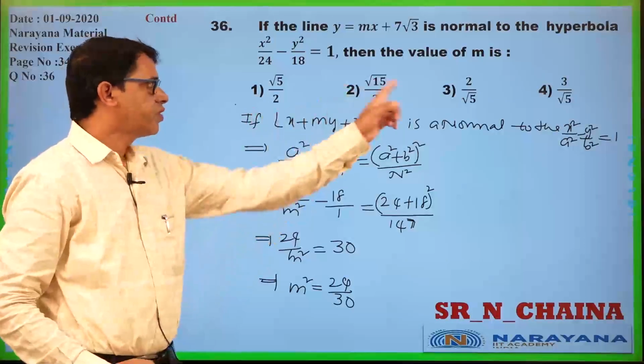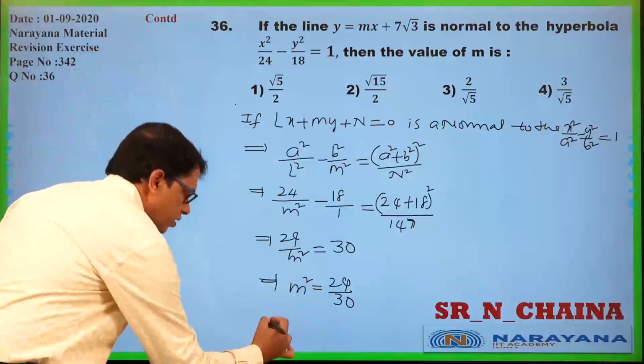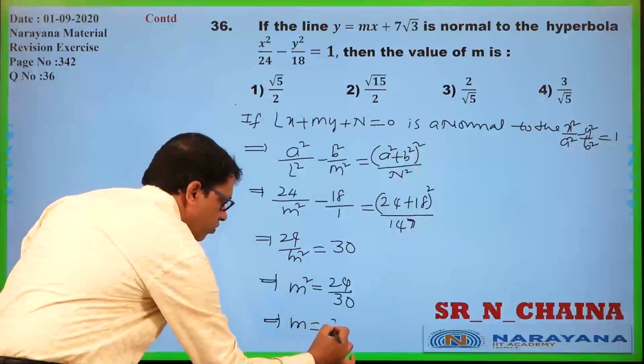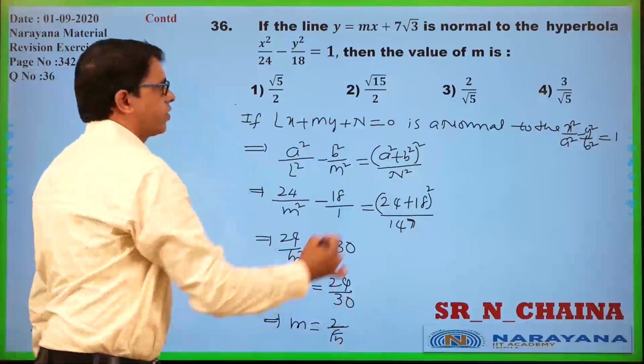Therefore m is equal to 2 upon root 5. Again, a simple one.